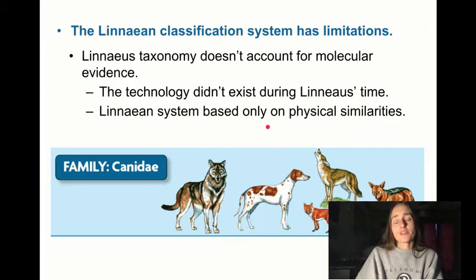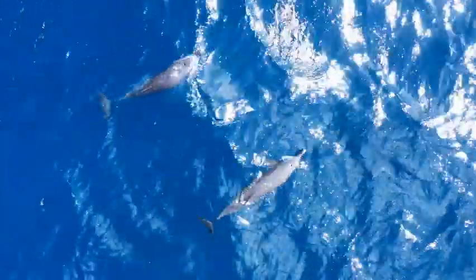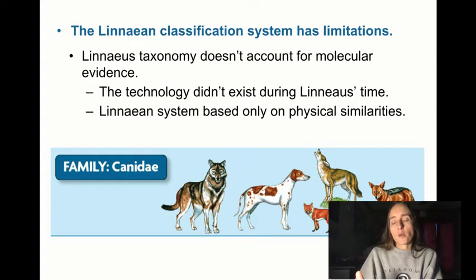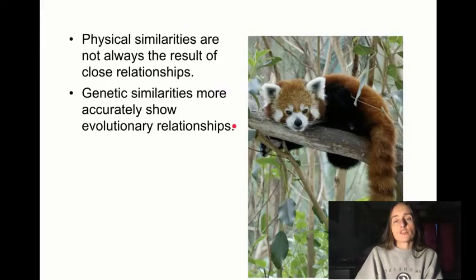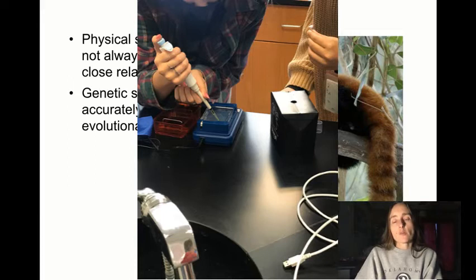And that's a big limitation. There are some things that look alike that aren't related at all. Thinking of things like dolphins and sharks. I suppose they are related, they both have a backbone, but that's about as far as it goes. So nowadays we tend to lean more on genetic similarities, like we've talked about in the past.